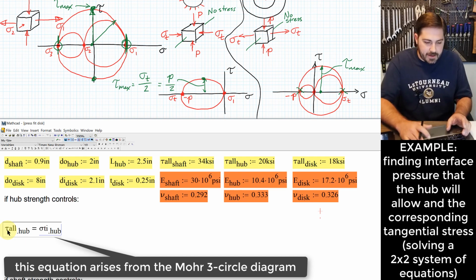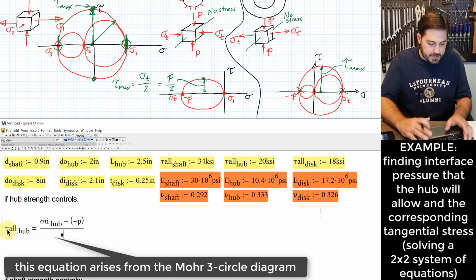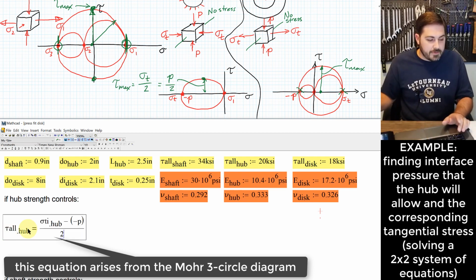If I take that and subtract from it minus p, like this, and divide this by 2, right? That is my maximum shearing stress that occurs in this little element of material.